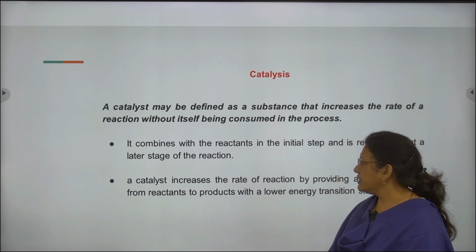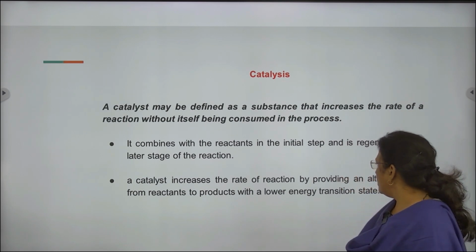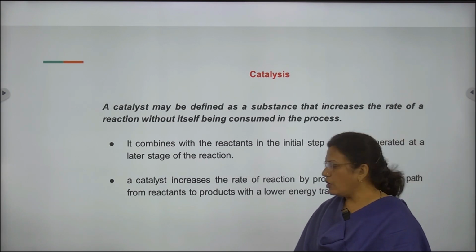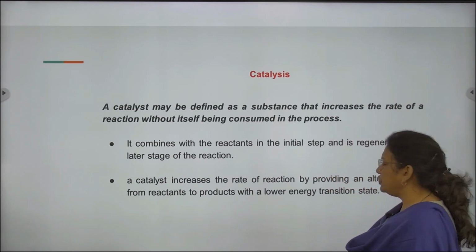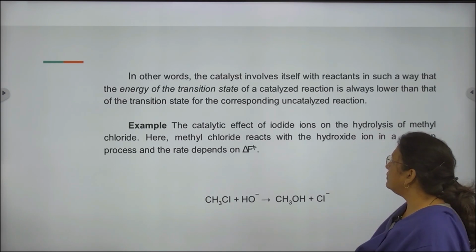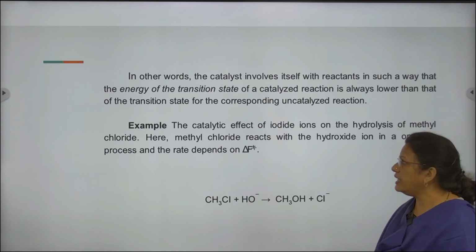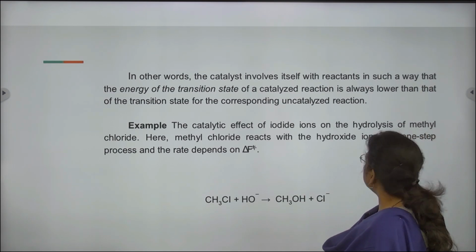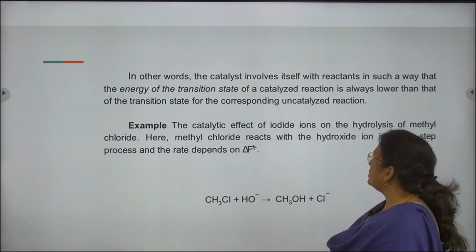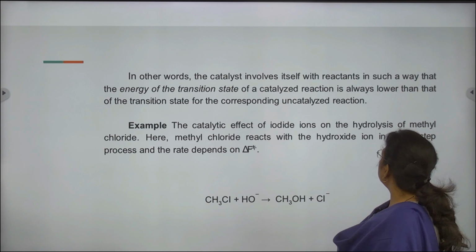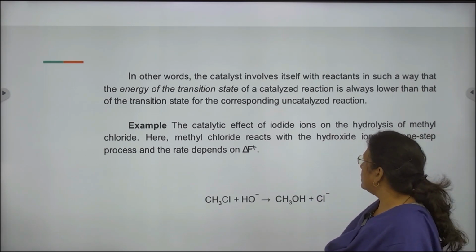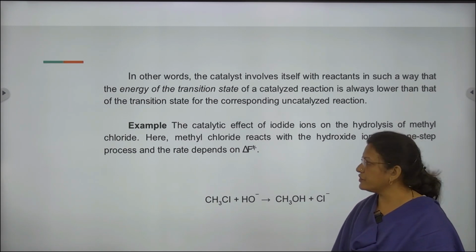A catalyst increases the rate of reaction by providing an alternative path from reactants to product with a lower energy transition state. In other words, the catalyst involves itself with reactants in such a way that the energy of the transition state of a catalyzed reaction is always lower than that of the transition state for the corresponding uncatalyzed reaction.